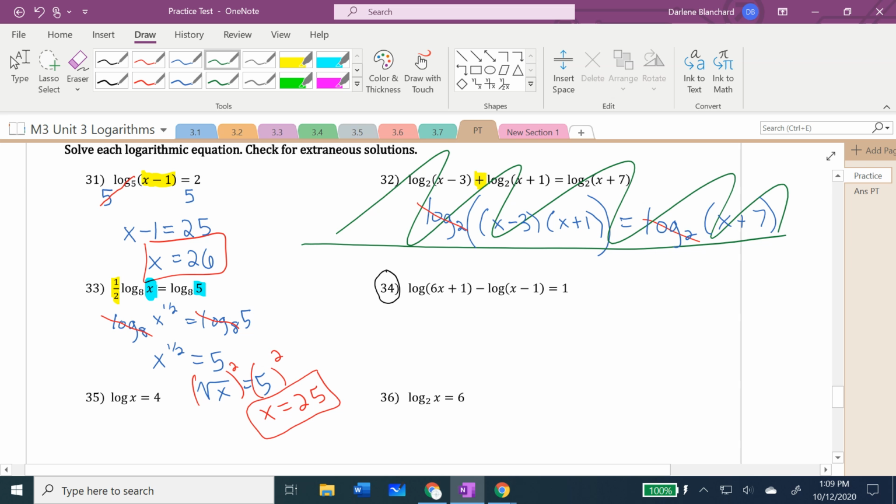Okay, we were on 34, and then you said yes, and that was correct, but it was because of the subtraction, and now I see what you were saying. Gotta make it a fraction and add. The subtraction turns this into division.